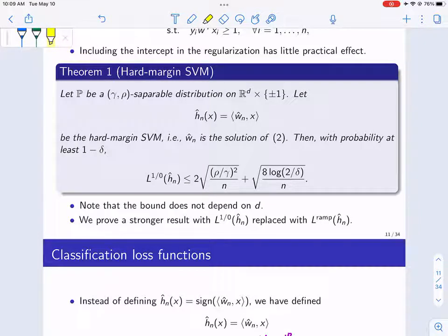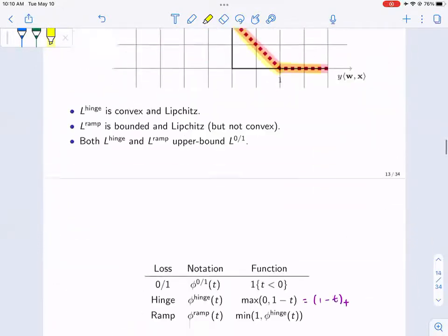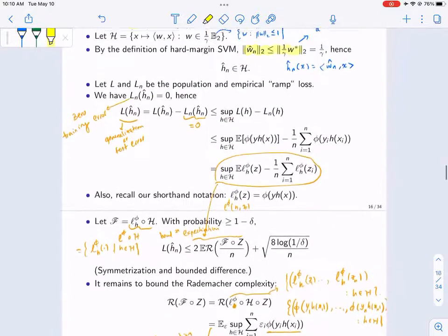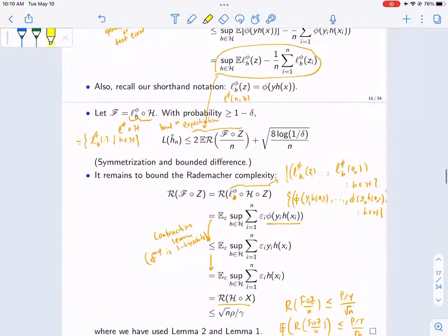So this part comes from the bounded difference property. This part comes from controlling the expectation of the empirical process, but over a particular class for which we have a nice control of the Rademacher complexity. Okay, so given the tools, you can see the proof is not that long. Okay, sounds good.